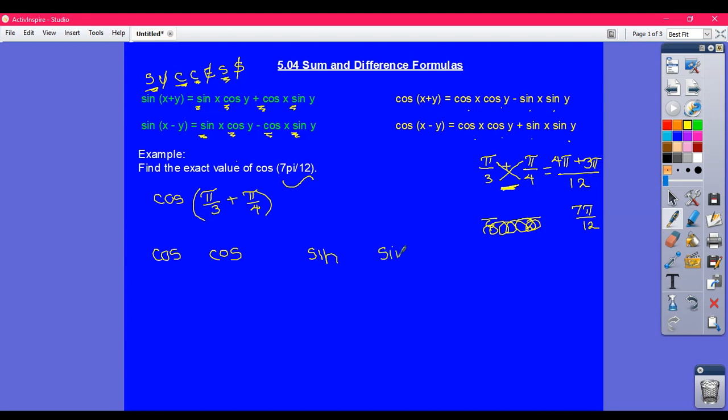Again, you're doubling up. Since this is addition, my expression will say subtraction, and I'm going to just plug in x as pi over 3 and y as pi over 4. Same thing here, x is pi over 3, y is pi over 4.